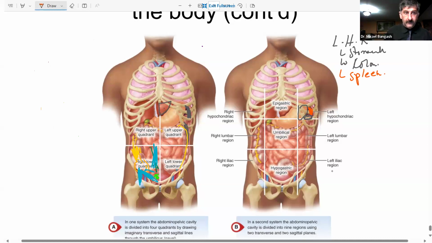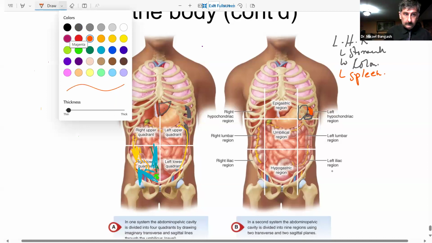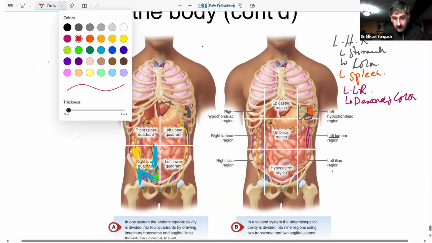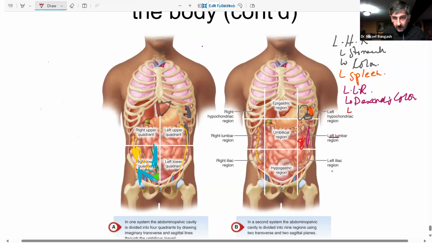Now we can go to our left lumbar region. What we have in the left lumbar region is the descending colon. We even have loops of the small intestine.